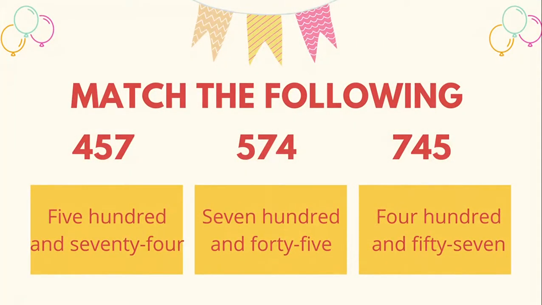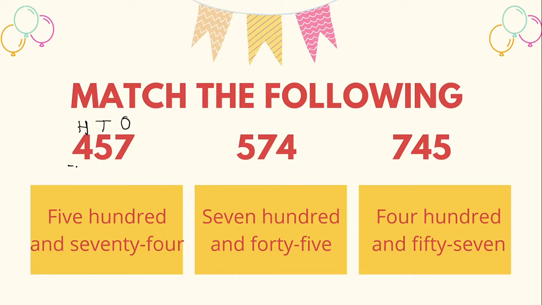Match the following. We have to match each numeral with its number name. 457. Let's see the place of each digit. Ones, tens, and hundreds. How are we going to read this numeral?